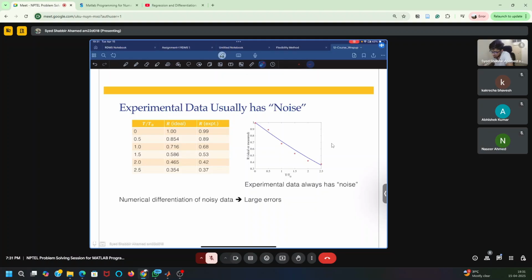Due to the noise occurring in the experiment, it will deviate my numerical differentiation values hugely.